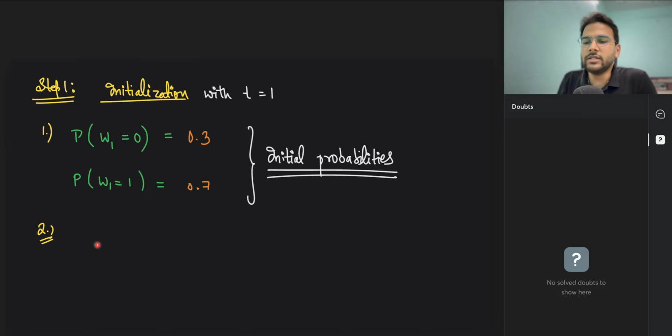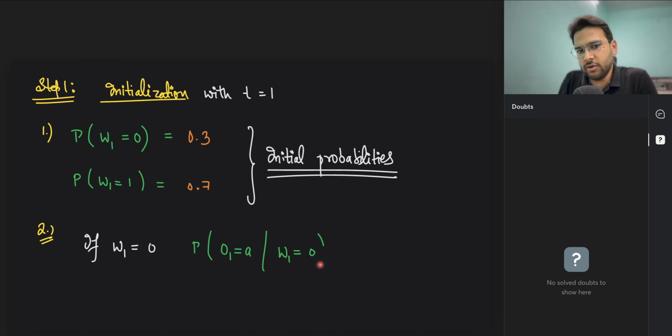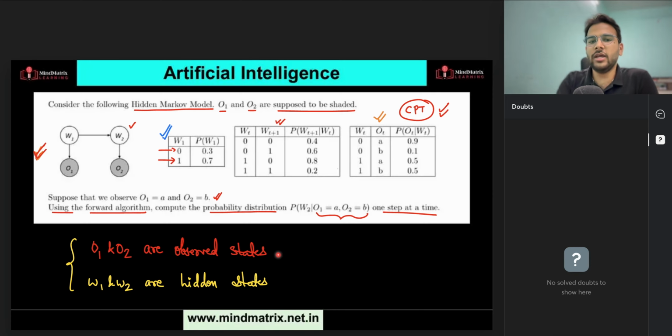Fine. Now we need to talk about the observed probabilities, which we have already drawn, but let's write them here also. Now if W1 is equal to 0, then what is the probability of O1 equal to A given W1 equal to 0? Can you tell me this?